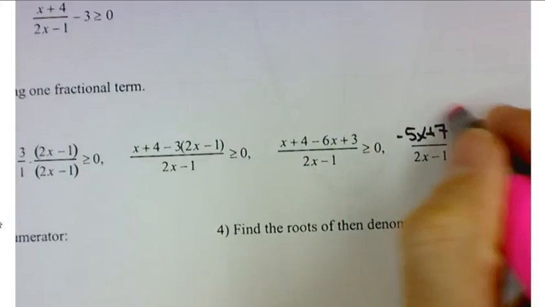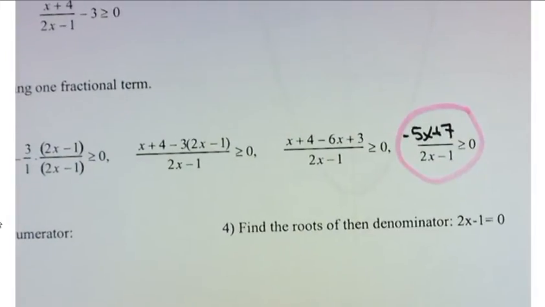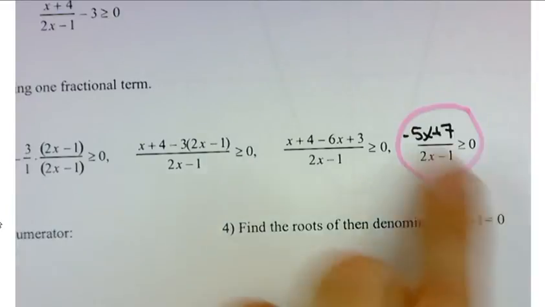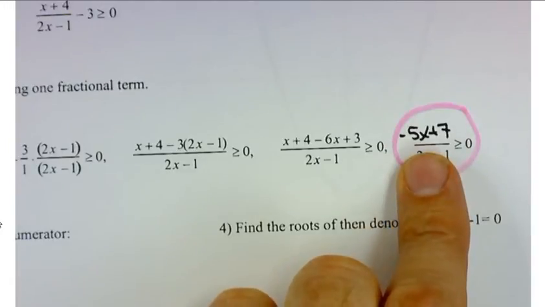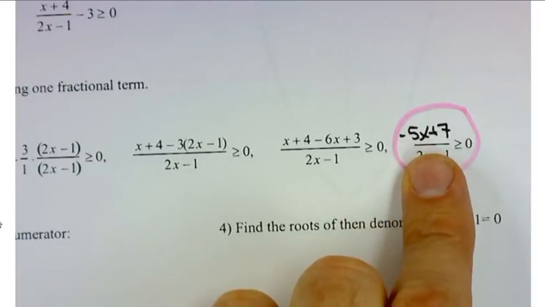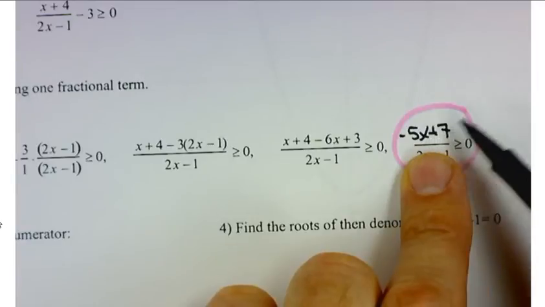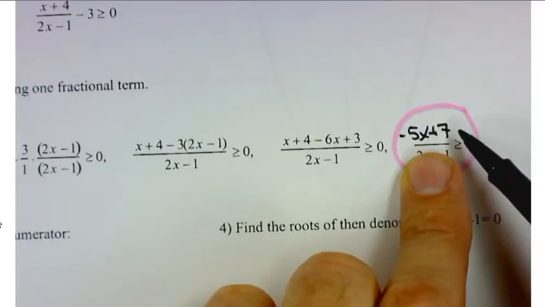We want to know when this is greater than or equal to 0. And here I think the graphing calculators do give you an extra little bit of advantage. So, kind of like what we did with polynomial inequalities, we're going to start by figuring out where this numerator equals 0.